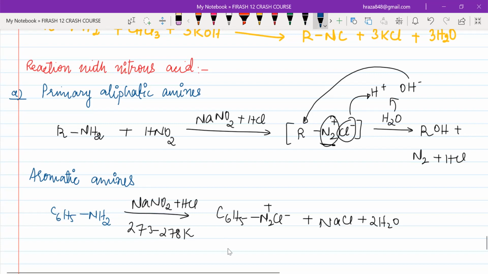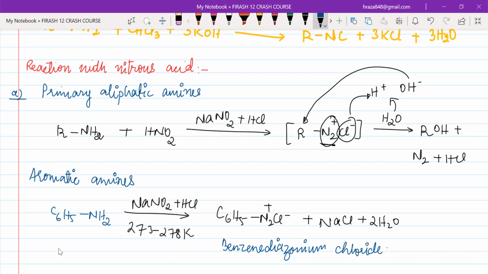This salt is known as benzene diazonium chloride. Primary and secondary reacts in a different manner that we don't need to explain.